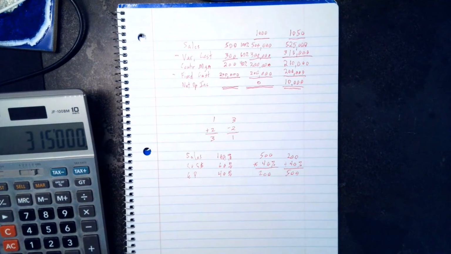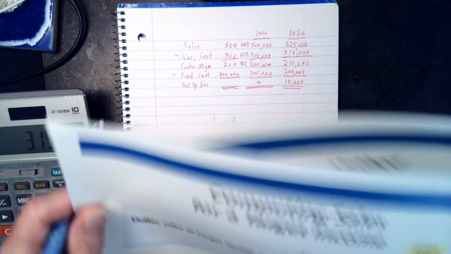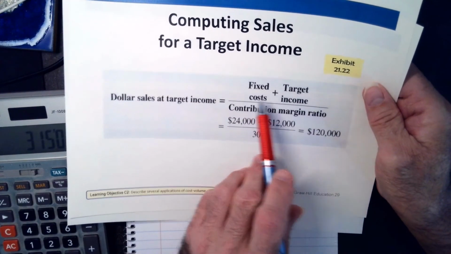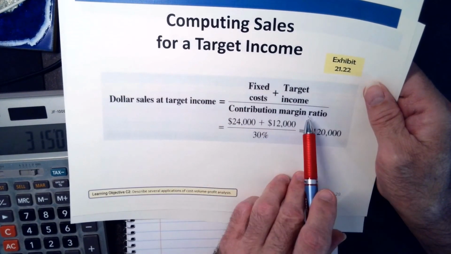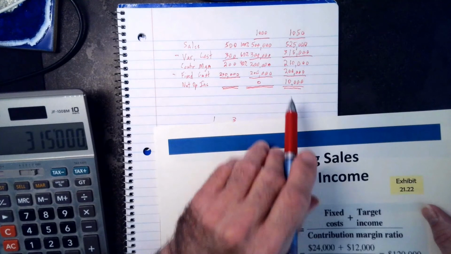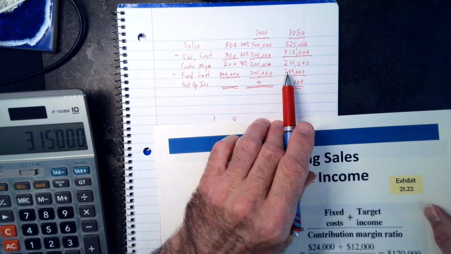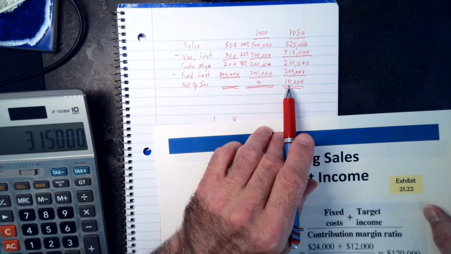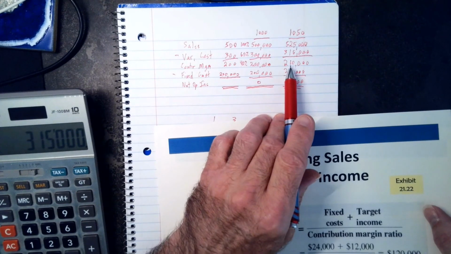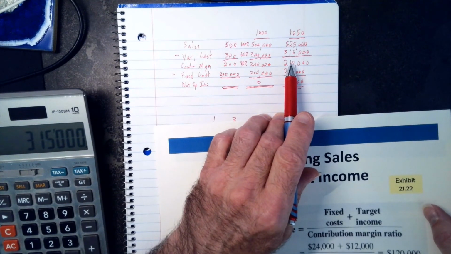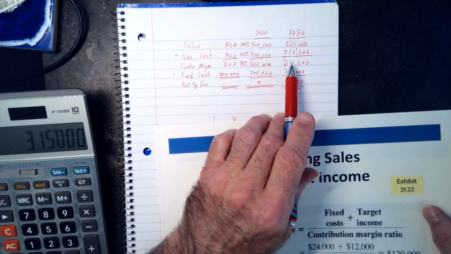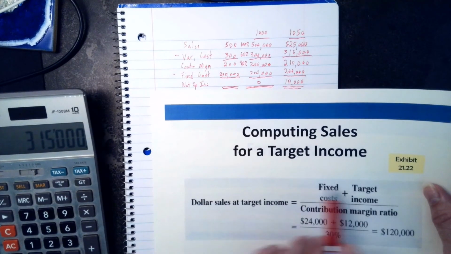And it's going to be the same if you have a target profit. Instead of doing fixed cost plus target income divided by the contribution margin ratio, all this is, is what they're talking about, the fixed cost and target income. You add these two together and that gets you back to contribution margin. So again, folks, we're talking about contribution margin, not this stuff that's in here.